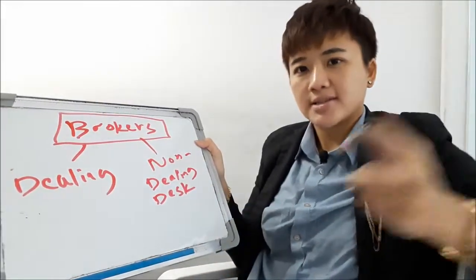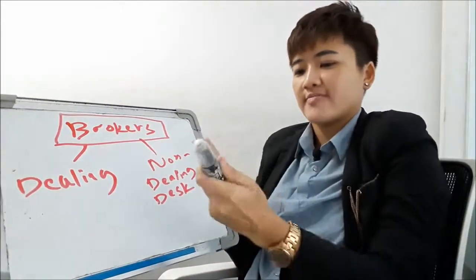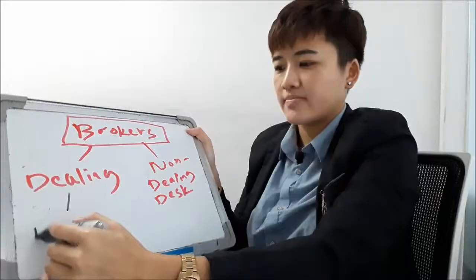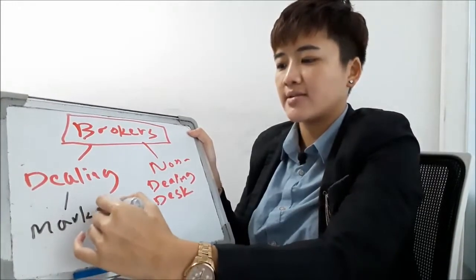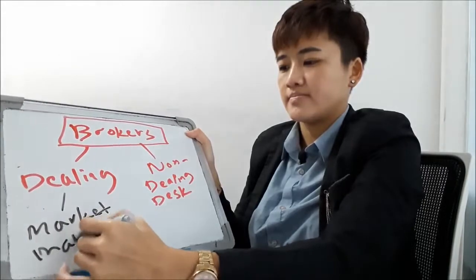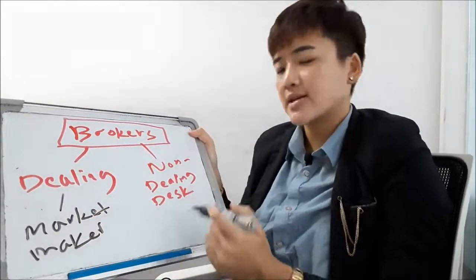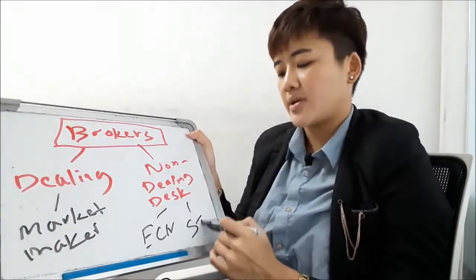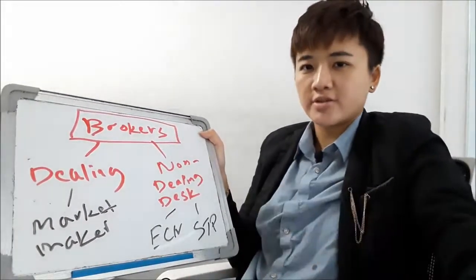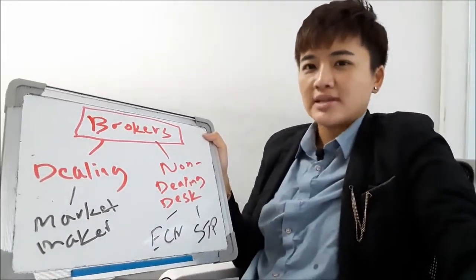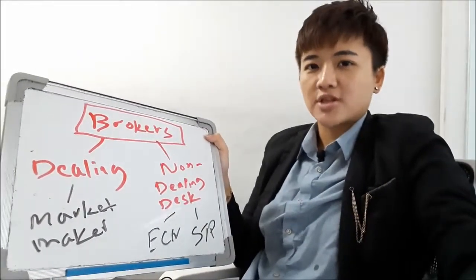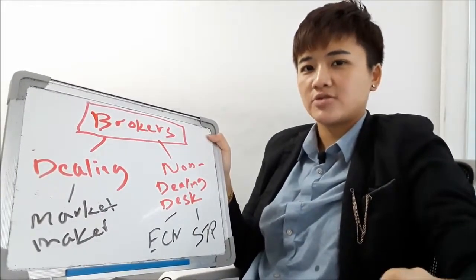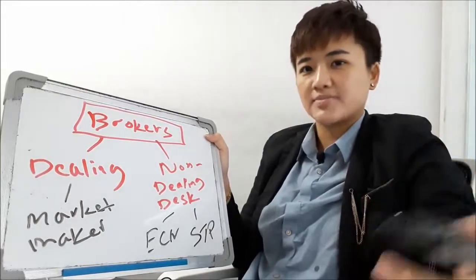Under dealing desk, you would have your market maker, whereas for non-dealing desk, you would have your ECN or STP. ECN in long form is Electronic Communications Network, STP is straight through processing. Market maker is market maker, okay?